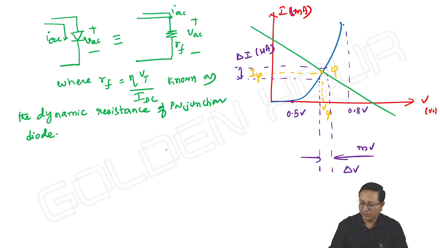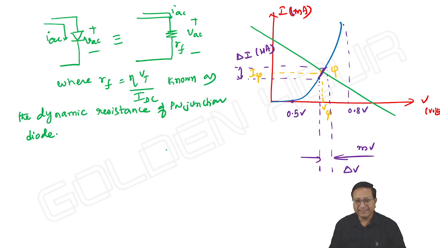The range is from 0.5 to 0.8 volts. Then, if I take such a small elemental portion of the characteristic, it looks like a straight line instead of a curve, because I took a very small elemental portion. For your understanding sake, I wrote this much. But to be frank, from 0.5 to 0.8, a small elemental portion looks like a straight line.